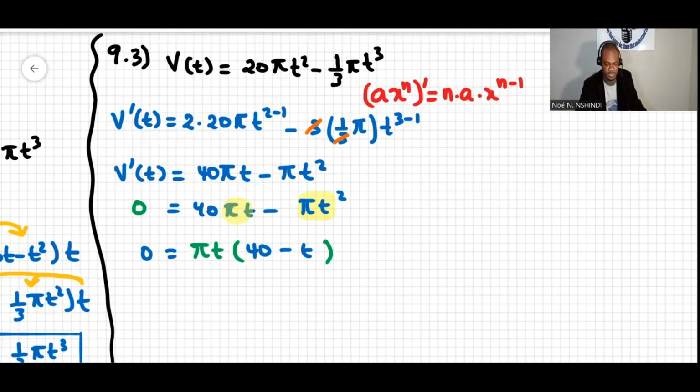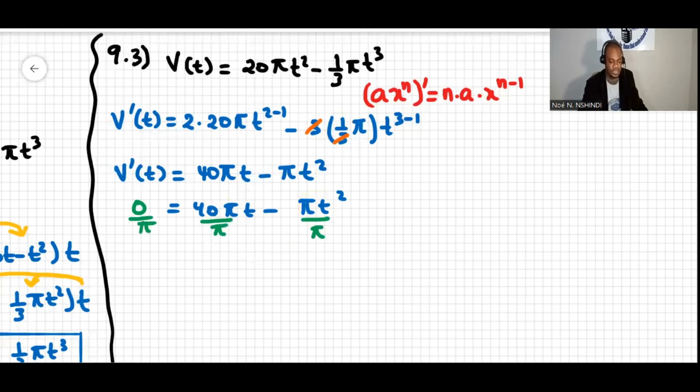Okay, maybe I shouldn't do that yet. This is what I can do: because I have pi over here, I can get rid of the pi by dividing each term by pi.